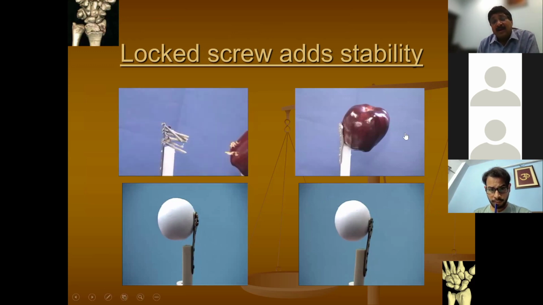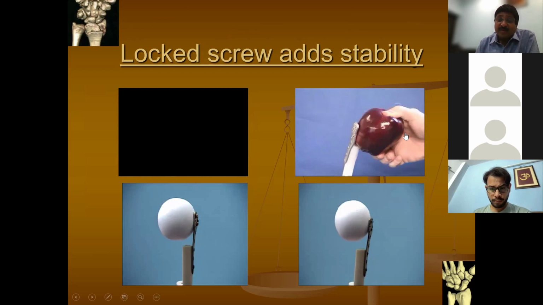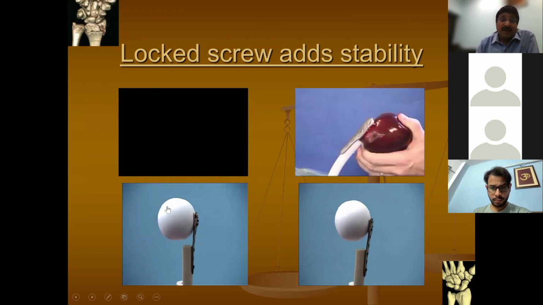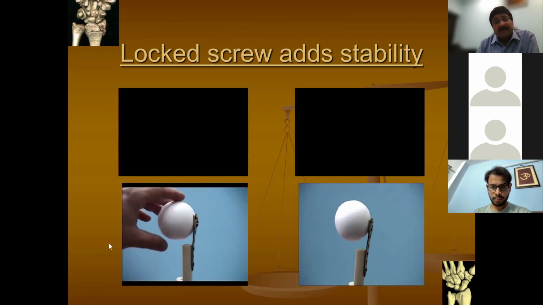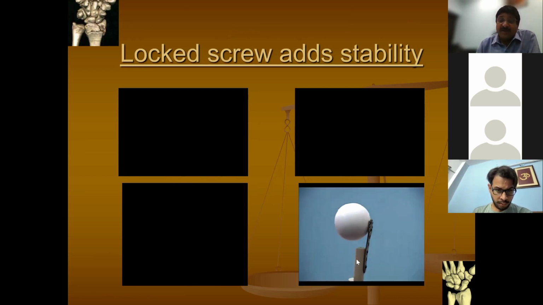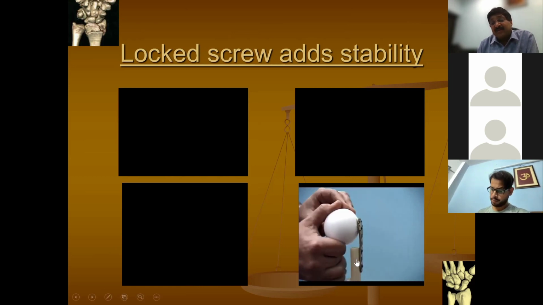But with the locking implant, on the same apple, you can put more and more stresses before it fails. The amount of force required for a locking implant to fail is very high. Another example, we're using a sponge ball as osteoporotic bone, and when we start mobilizing after fixation, you can see the screws start toggling, and slowly the implant fails. But when you're using a locking plate implant, you can mobilize early and the implant doesn't fail.